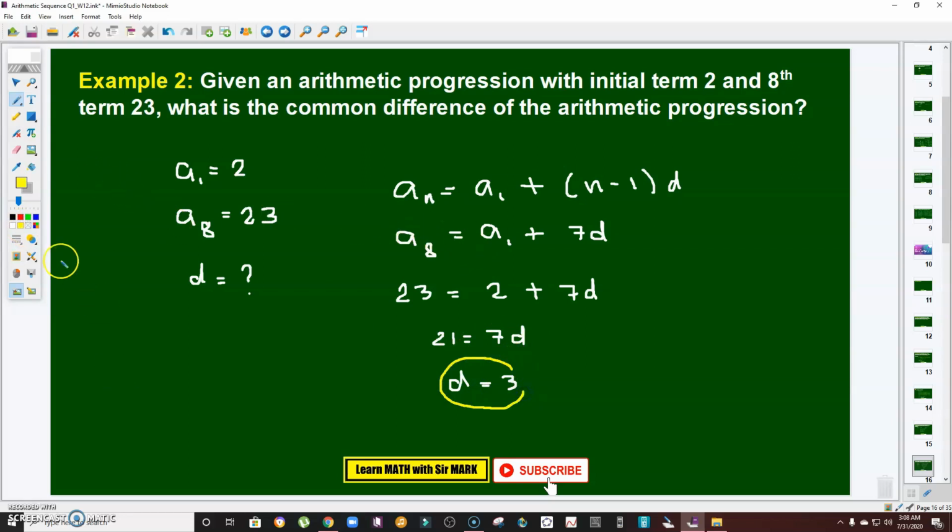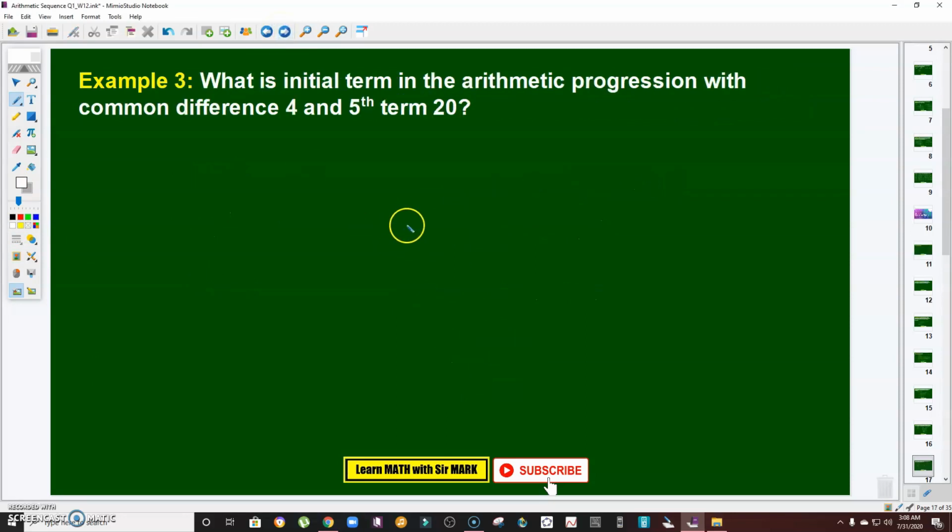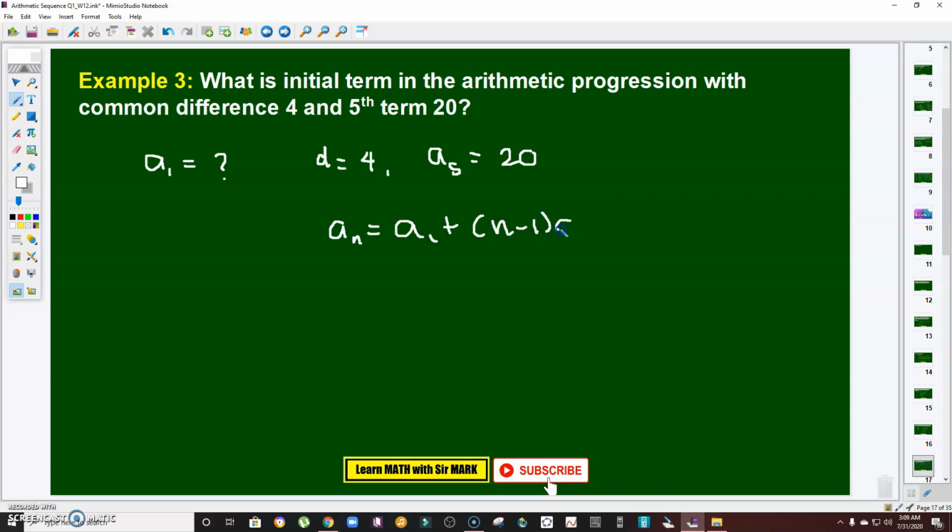Okay? See that? So, let me move on to example number 3. The question is, what is the initial term in the arithmetic progression with common difference 4 and 5th term 20? This time we're looking for the first term, such that the common difference is 4. Isipin ko lang, my common difference is 4 and my a sub 5, or my 5th term, is 20. Again, the formula for the nth term is a sub 1 plus n minus 1 times d.